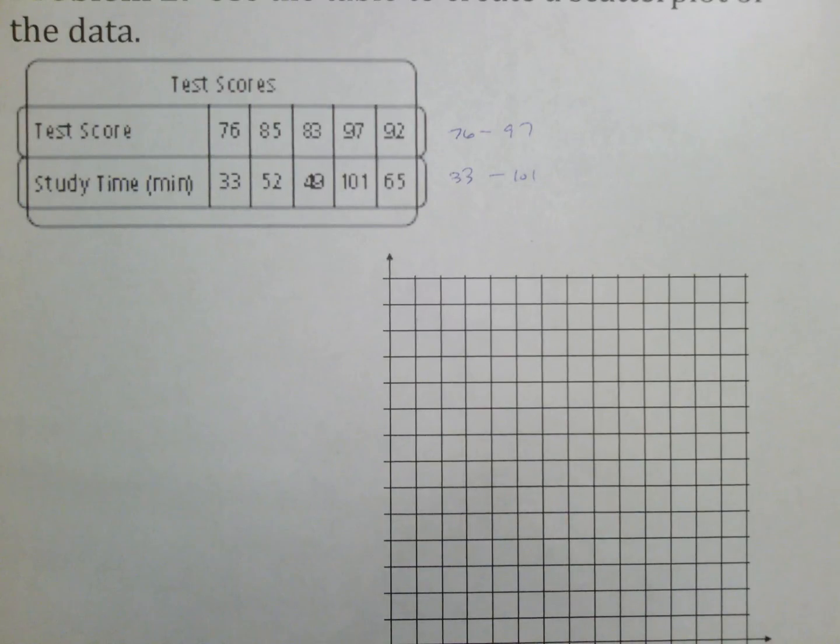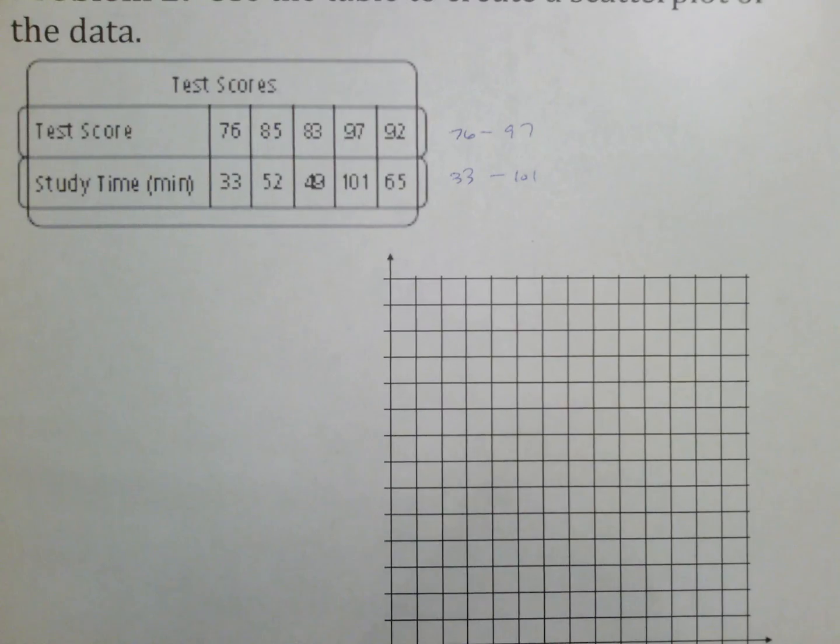Well, actually, if I started right here at 72, 74, 76, 78, 80, 82, 84, 86, 88, 90, 92, 94, 96, 98 would actually work. So I have my 72, 76, 80, and so on, 96, 98.